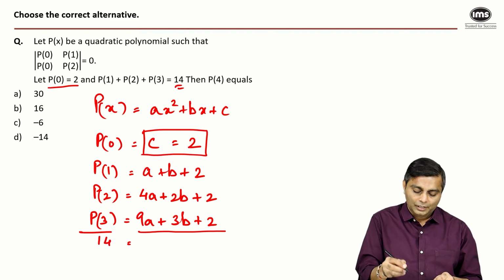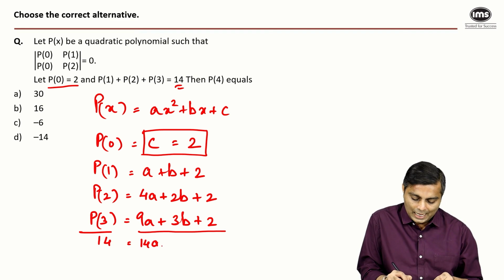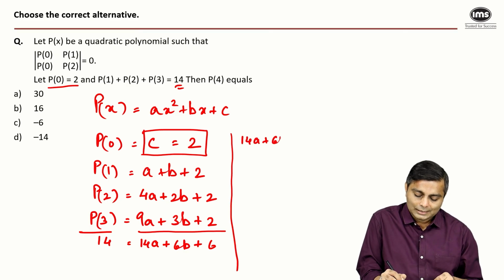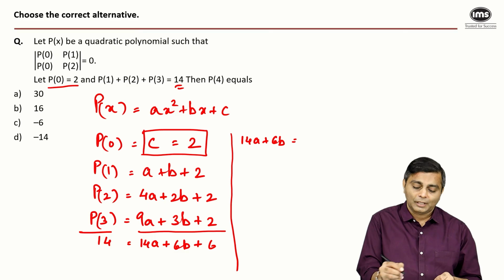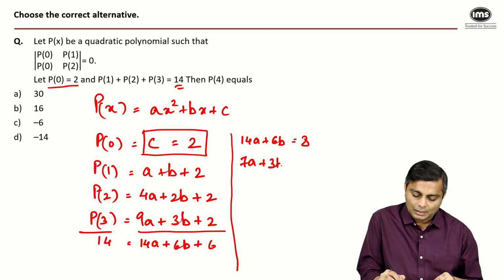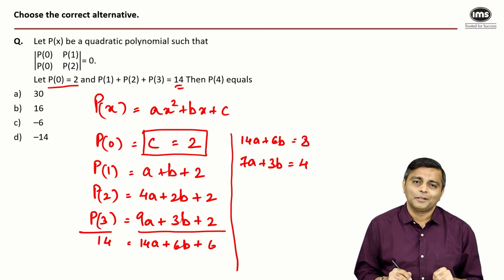This is 9 and 4, 13 and 1, 14a plus 6b plus 6. So we can say what? We can say 14a plus 6b is equal to 14 minus 6, 8. I'm going to simplify this further to 7a plus 3b, which is equal to 4. This is our one equation.